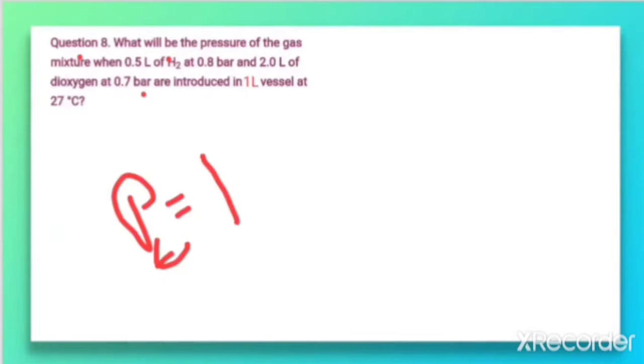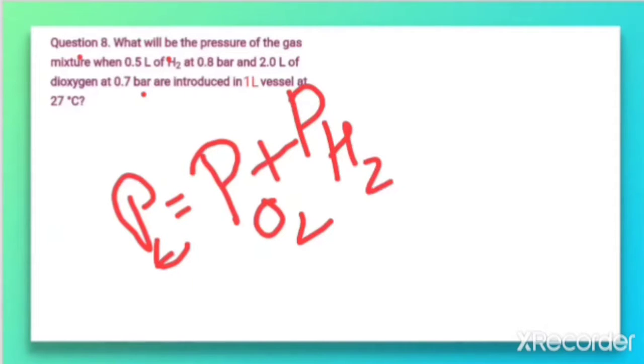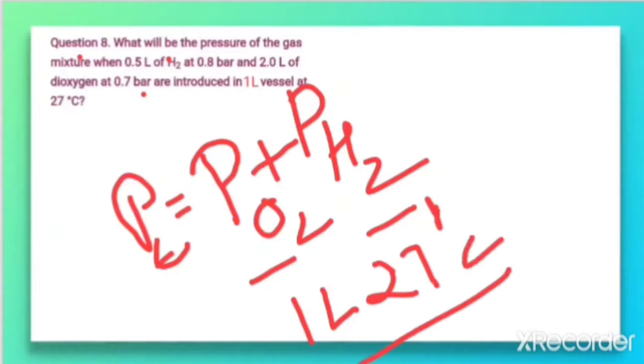According to Dalton's law of partial pressure, P total is equal to PO2 plus PH2, that is the partial pressure of oxygen and the partial pressure of hydrogen at volume 1 liter. We have to find this at 1 liter volume and 27 degrees Celsius. So we need to find PO2 and PH2.